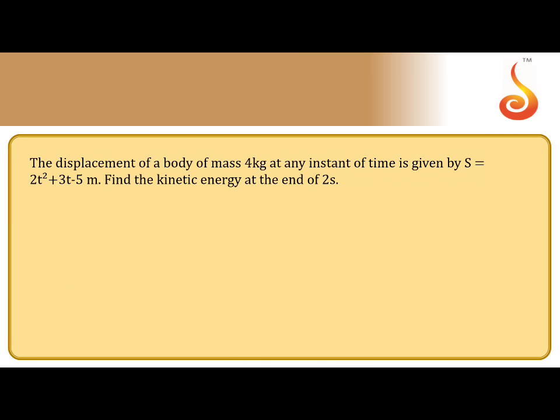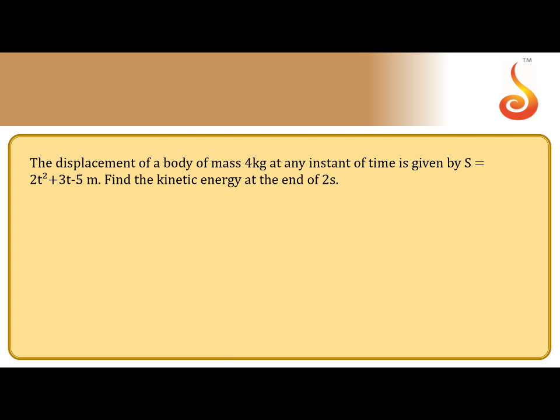The displacement of a body of mass 4 kg at any instance of time is given by the relation S equal to 2t square plus 3t minus 5 meter. Find the kinetic energy at the end of 2 seconds.